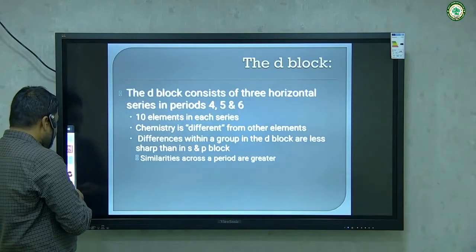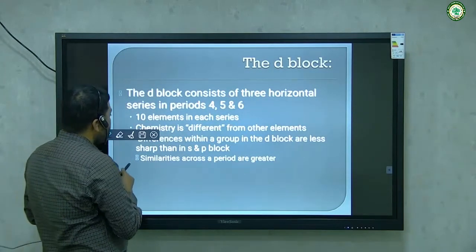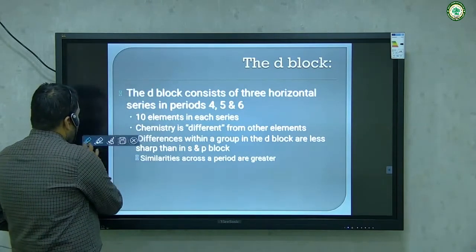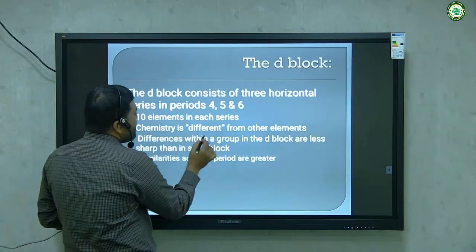After that, the second point that we have to see is that the chemistry of each group is different from the other. What does it mean? It means that the chemistry of each group is different from the other group. Okay, after that, differences within a group in the D block are less sharp than in the S and P blocks.